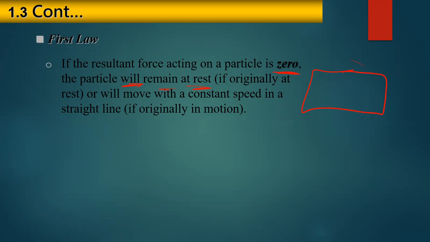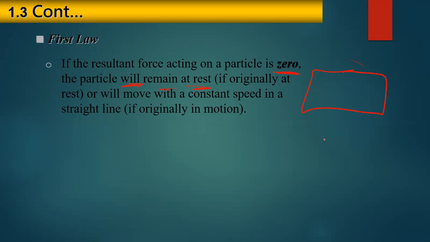It also means that if you have an object moving at a constant speed, as long as there's no force acting against it or trying to increase its speed, the object will continue in its straight line.